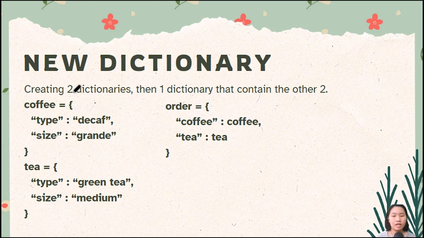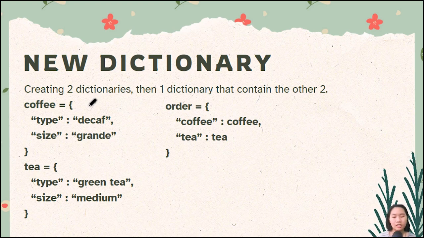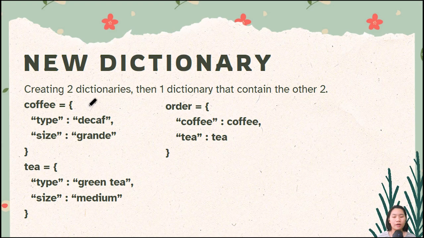So as you can see, the coffee syntax is just your typical creating a new dictionary syntax. When you look at it, you know what it is. Coffee, type decaf, size grande, and the same goes with tea, with type green tea, and I add in size medium.